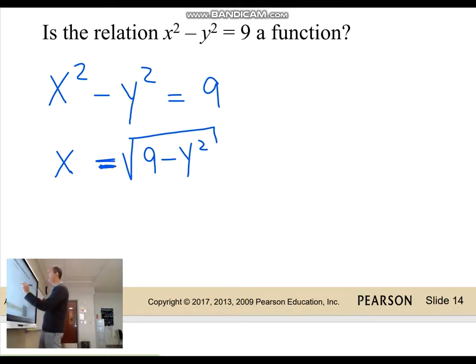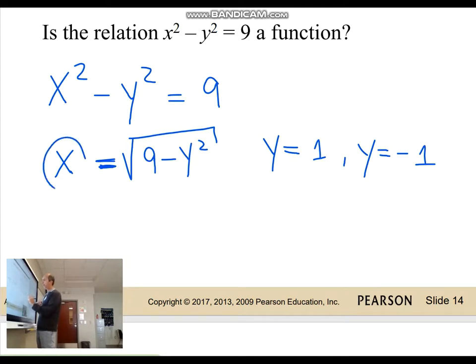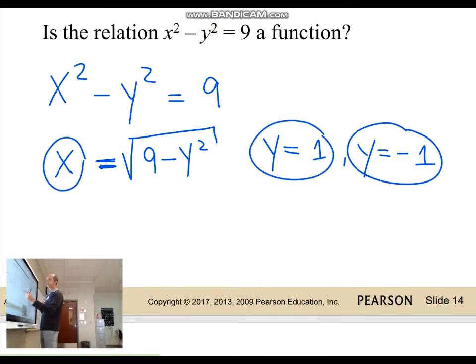If we have y equals 1 and y equals -1, this is going to be the same value for x. So we're going to have one x with two y's, right? Because 1 squared is equal to -1 squared.